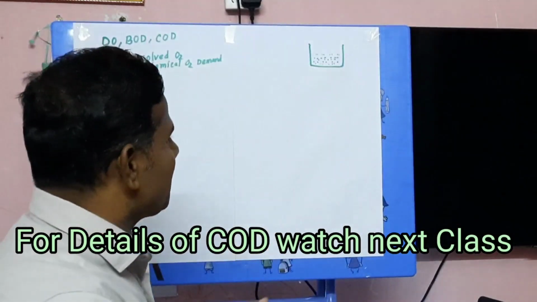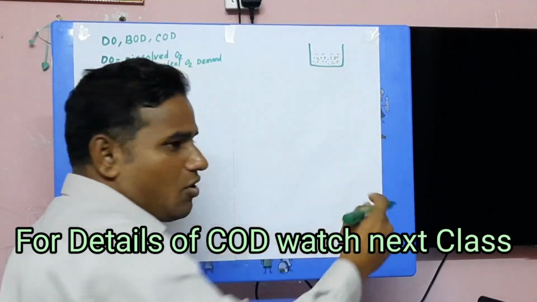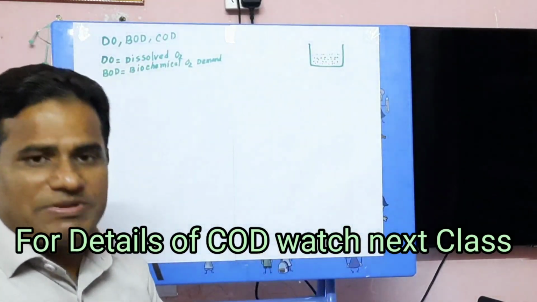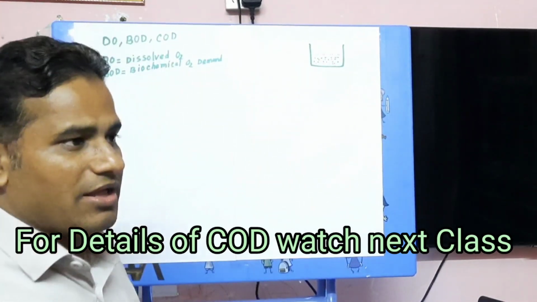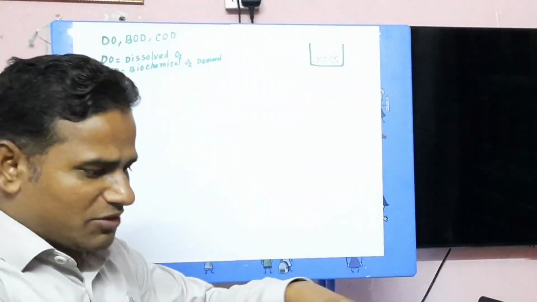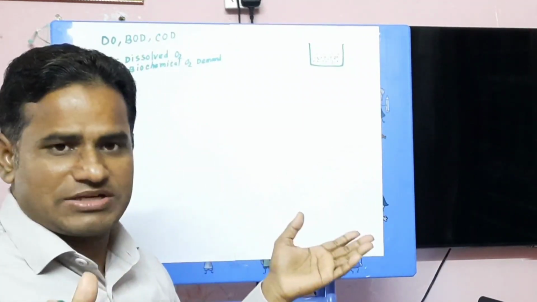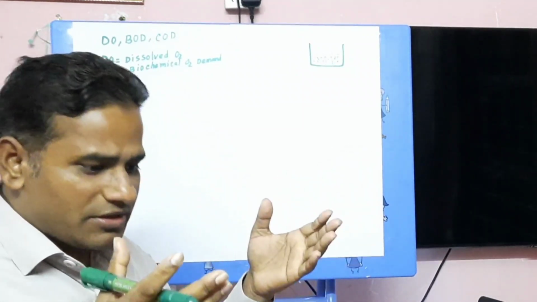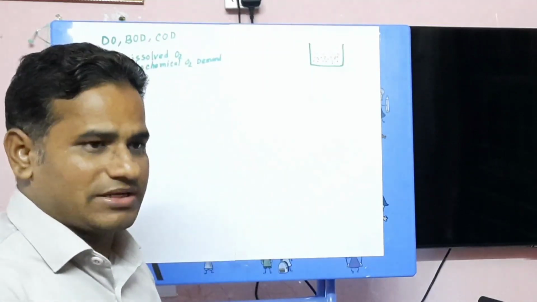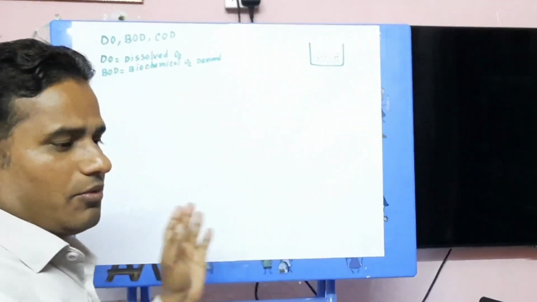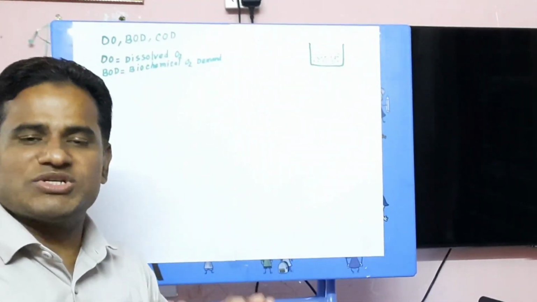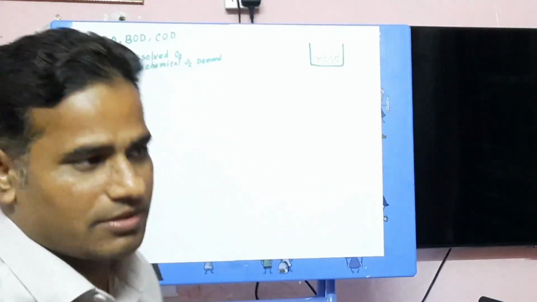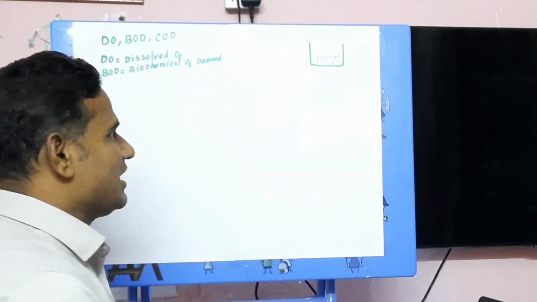But after some time in the water, oxygen will be less. Bacteria demand more oxygen, because inside the water oxygen is not available. So this oxygen needs to be provided from outside. That's why it is called BOD, or biological oxygen demand, or biochemical oxygen demand.